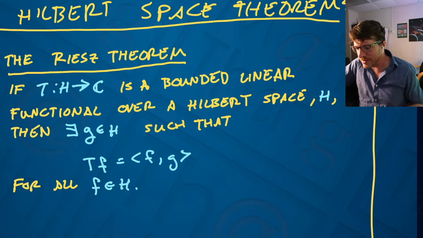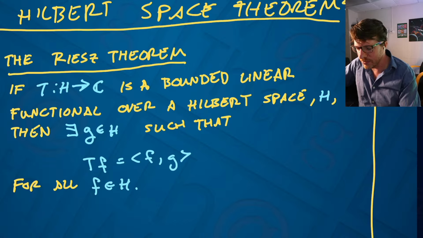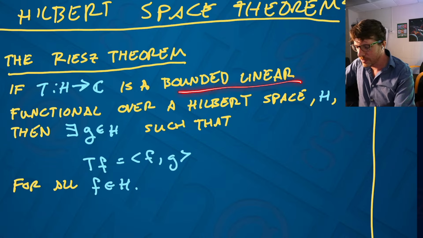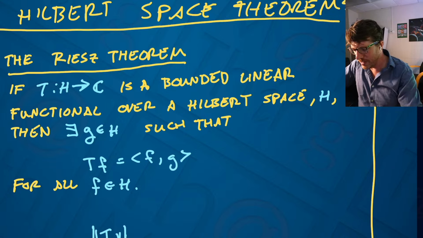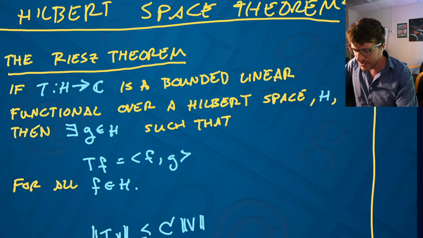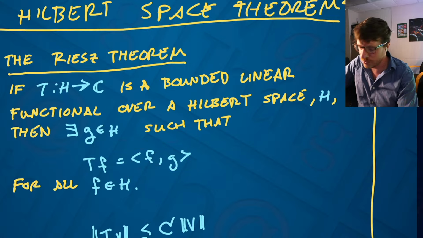Basically what this says is that if T is a bounded linear functional, satisfying that whole thing where the magnitude of TV is less than or equal to C times the norm of V, then there's going to be some element G inside of our H such that this whole linear functional can be represented just through the inner product, which is pretty nice.